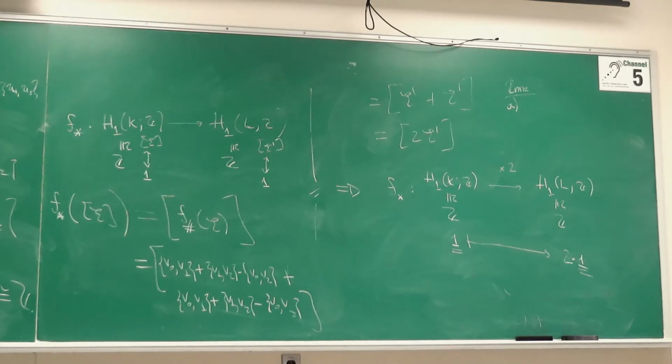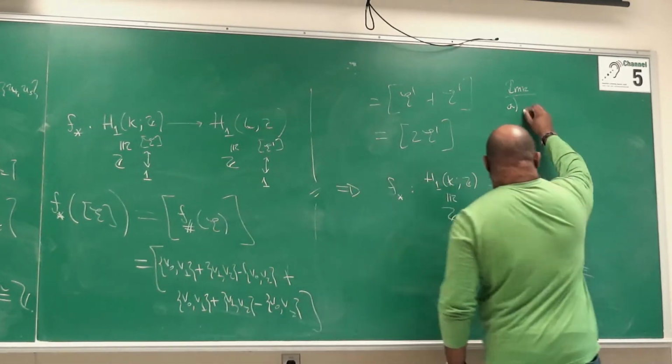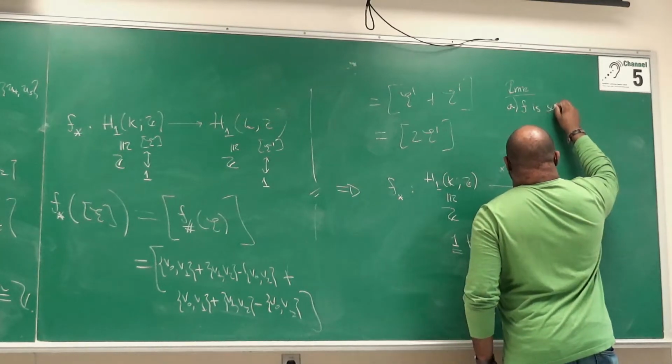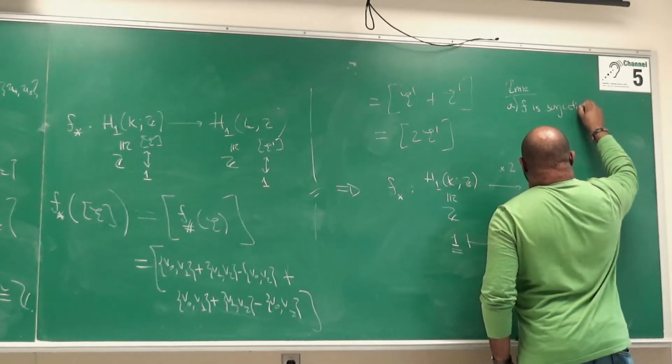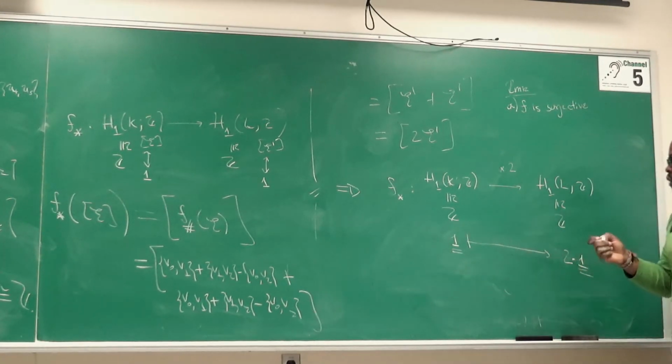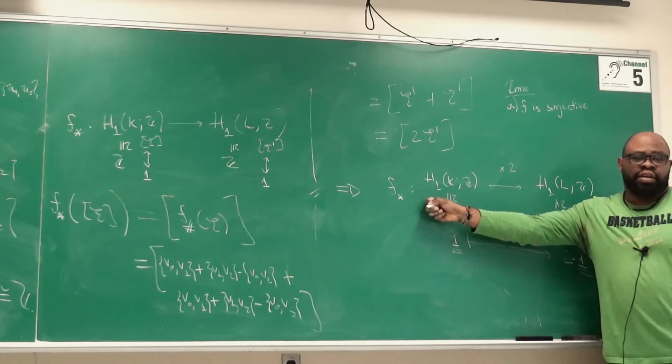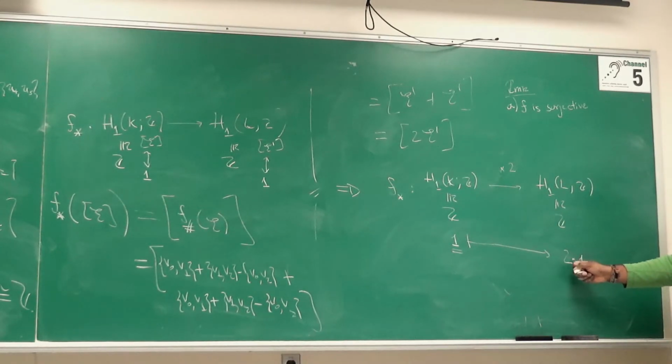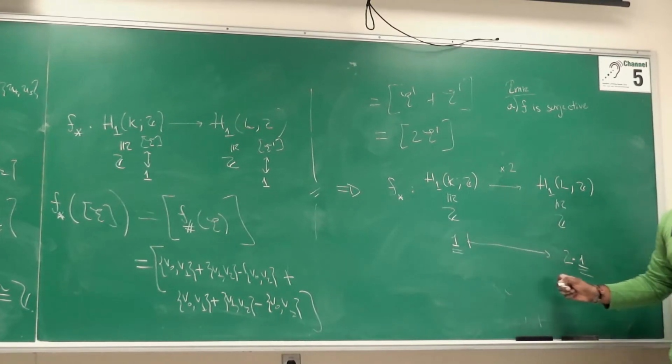It covers everything in its range. So f is surjective. But when you look at f star, you will see that it only hits the even numbers, right? It doesn't hit the odd ones. So f star is not surjective in particular.